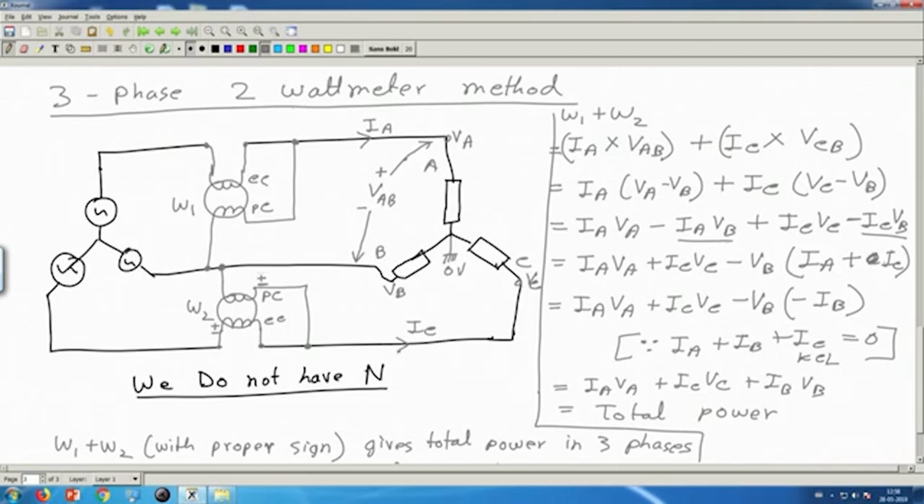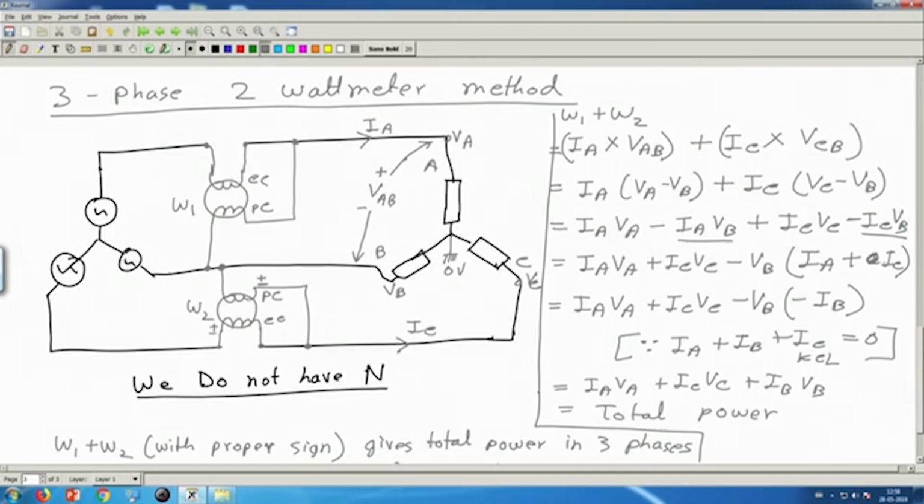If I have the plus minus sign here, then this coil is measuring this voltage minus this voltage, which is VC minus VB. Similarly, if I have the plus minus sign here, it is measuring this current IC. If by mistake I had the plus minus sign here, then it is actually measuring minus IC. So the reading of W2 will be opposite to what is expected. So this should be here.